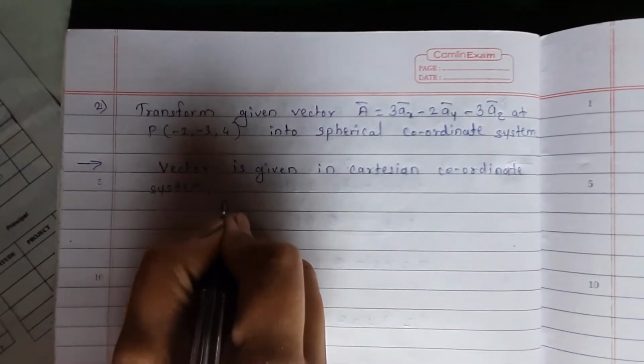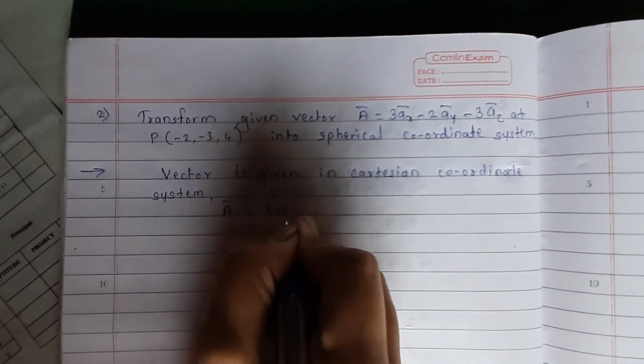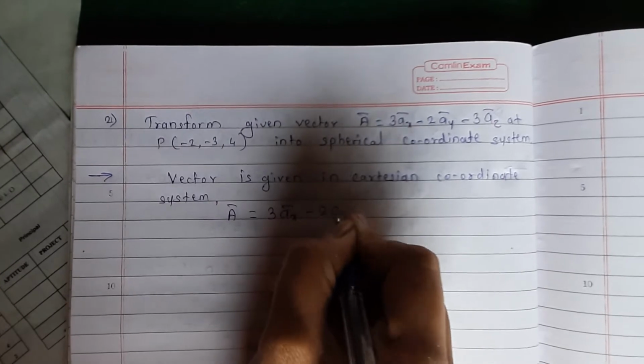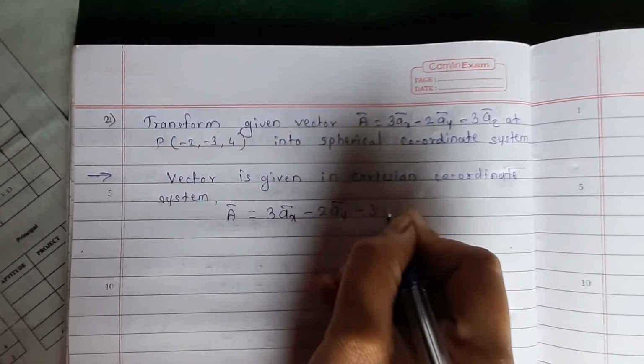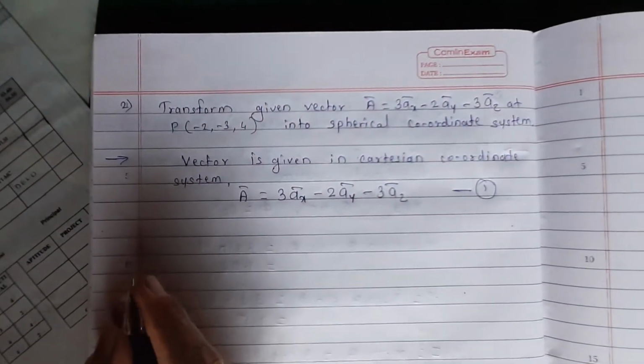A bar is equal to 3Ax bar minus 2Ay bar minus 3Az bar. This is equation number 1.